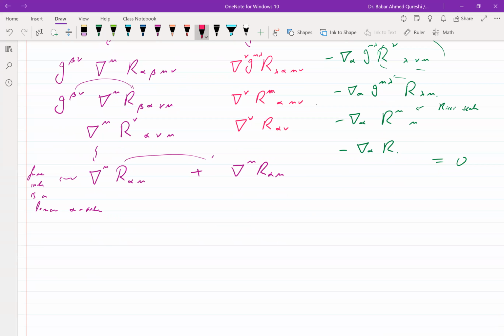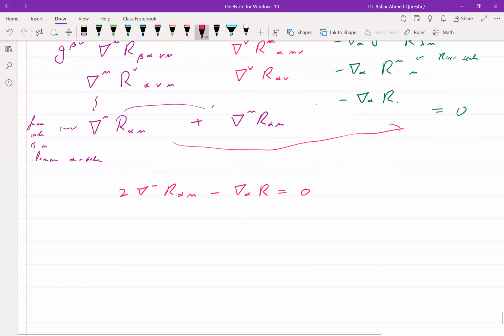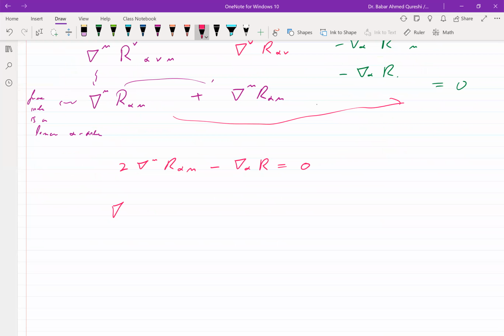So this actually becomes 2 d mu r alpha mu minus d alpha r is 0. In other words, d mu r alpha mu is equal to half d alpha r. This half is the famous half which comes in the Einstein equation.